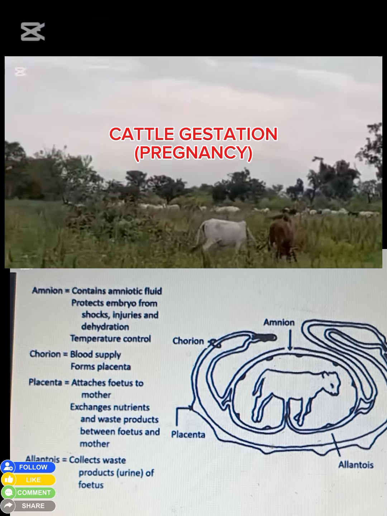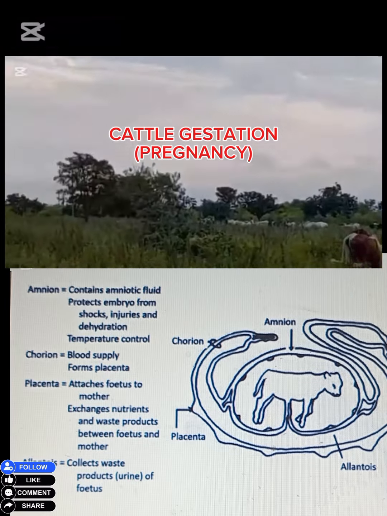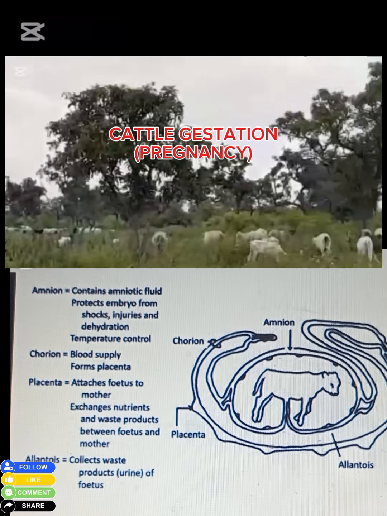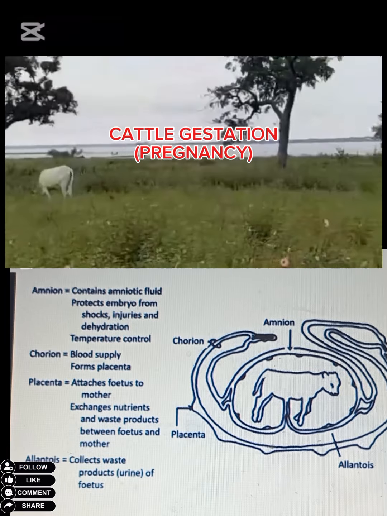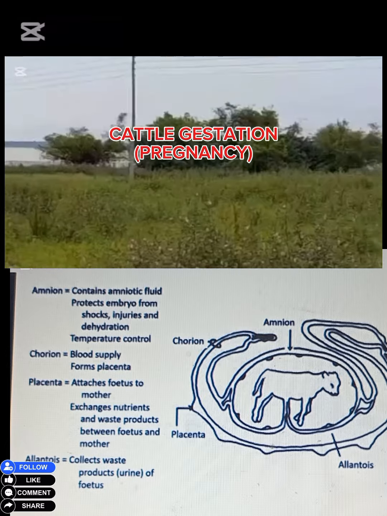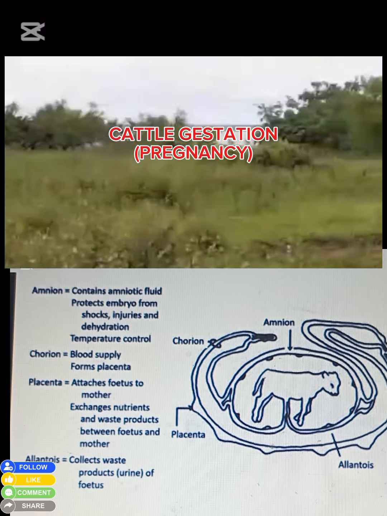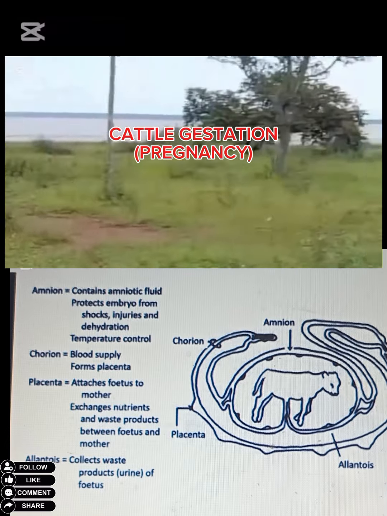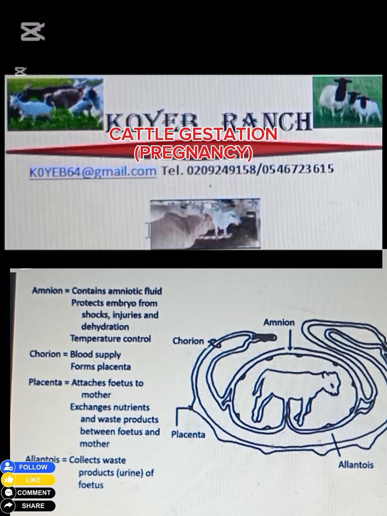It also exchanges nutrients and waste products between the fetus and the mother. The chorion is the outmost membrane surrounding an embryo, which contributes to the formation of a placenta. Its main function is to supply blood that forms the placenta.